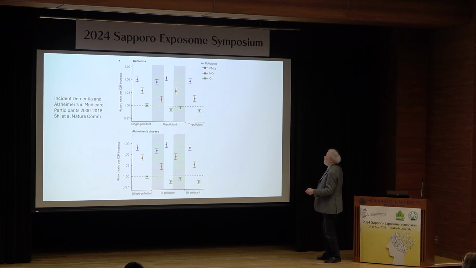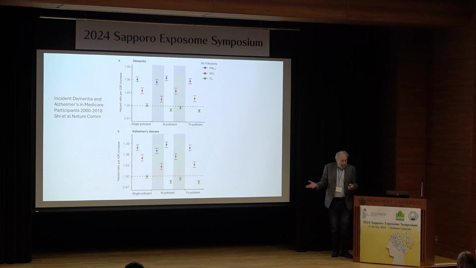And when you go from single pollutant models to a 3 pollutant model, nothing happens to the PM effect, but the NO2 goes down a little, and the ozone goes from nothing to slightly protected.